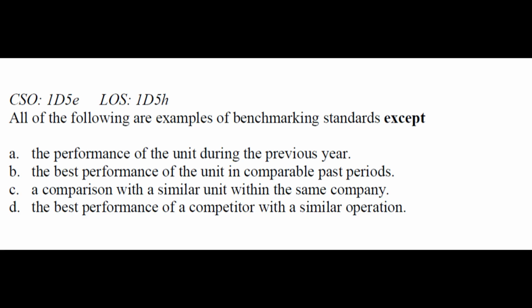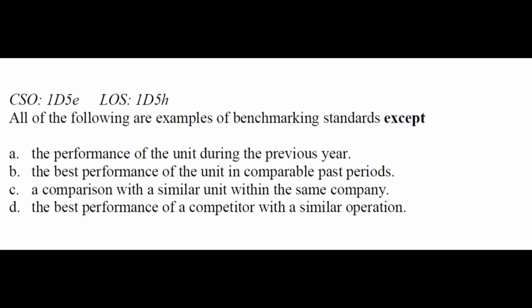A. The performance of the unit during the previous year. Correct, except. This is not a true benchmarking standard because it reflects only historical internal performance, not a comparative or best practice benchmark. Benchmarking requires comparison with superior or external standards, not just past results. B. The best performance of the unit in comparable past periods. Incorrect.